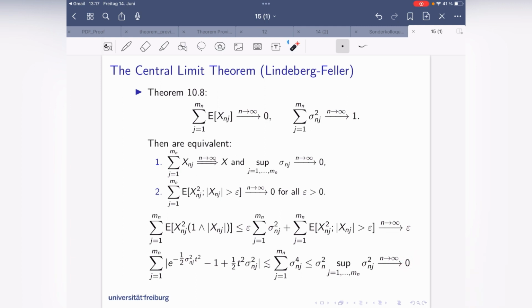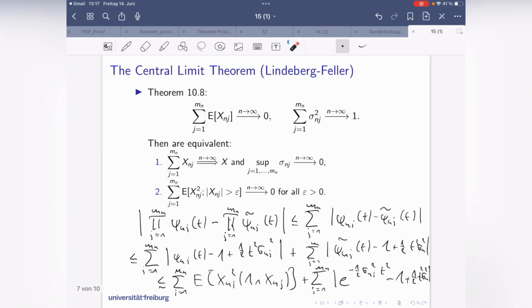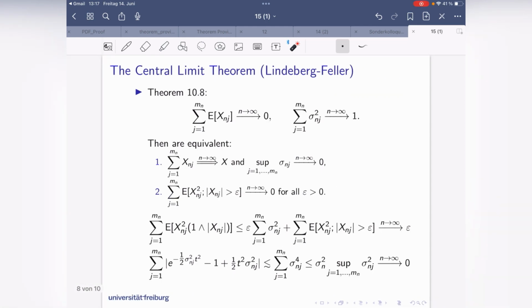Which now means we are done showing the central limit theorem, because we started with this, we proved the second property here, and then we showed that the characteristic functions of the sum of the X_nj converge to the characteristic function of X, first splitting some things here, ending up with these two terms, and both converge to 0. Okay, that was the interesting part.